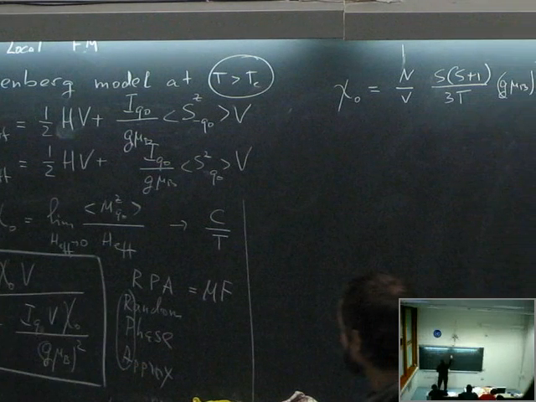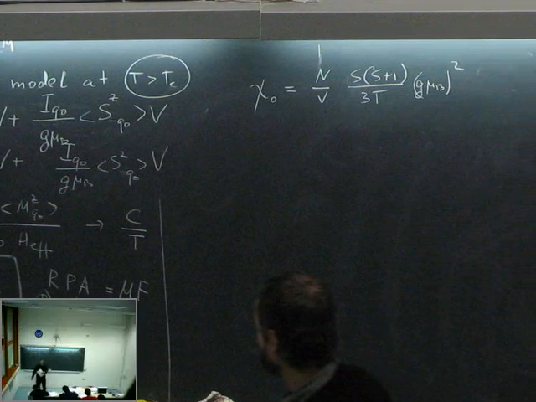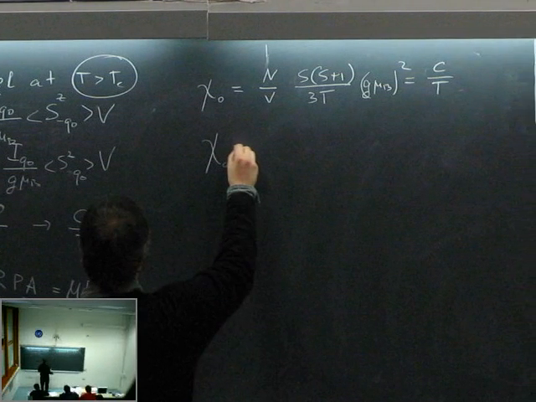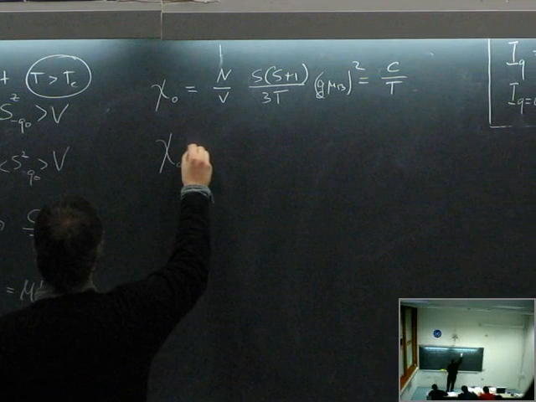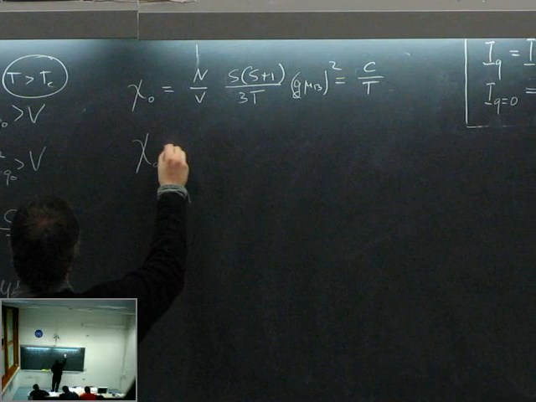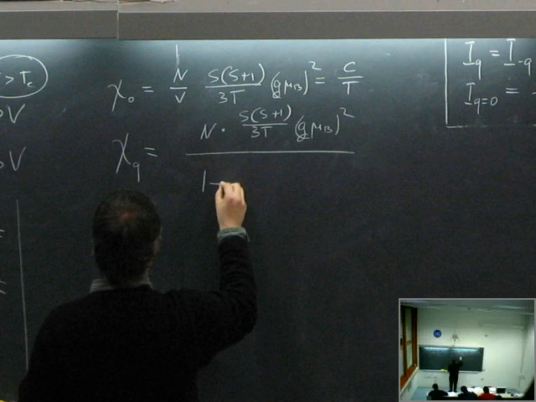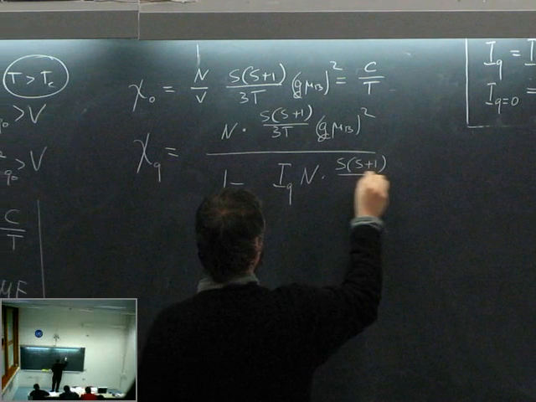So what we get is that chi, and this is precisely C over T, the definition of Curie constant. So chi q is equal to n times S(S+1) over 3T (g mu Bohr) squared, over 1 minus I q, since (g mu Bohr) squared cancels. V also cancels, so it is n times S(S+1) over 3T.